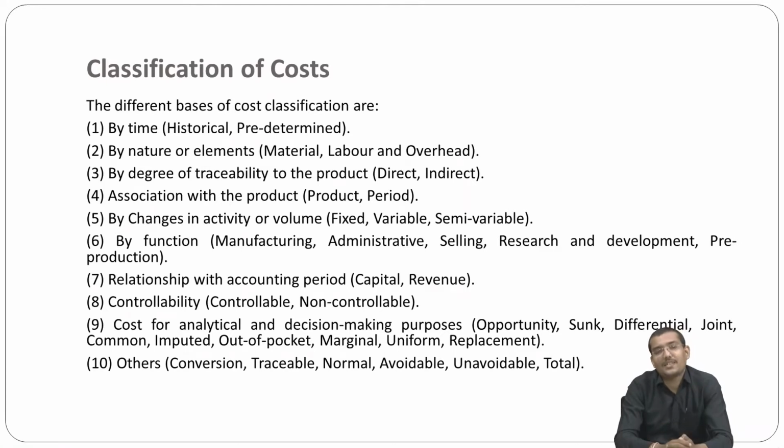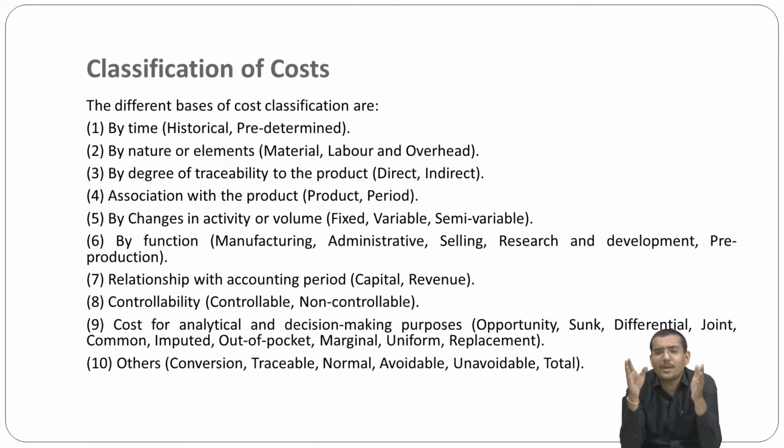So the first classification is by time. In this classification, the costs are historical cost and predetermined cost. The second classification of cost is by nature or elements, and this has material, labor and overheads.